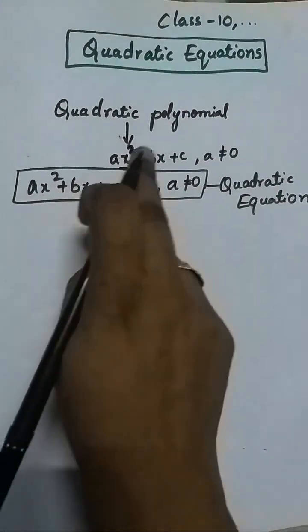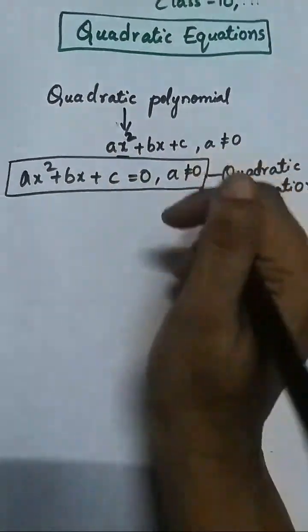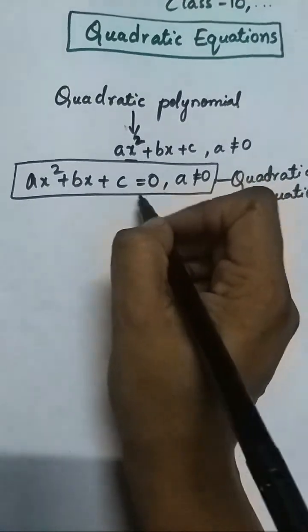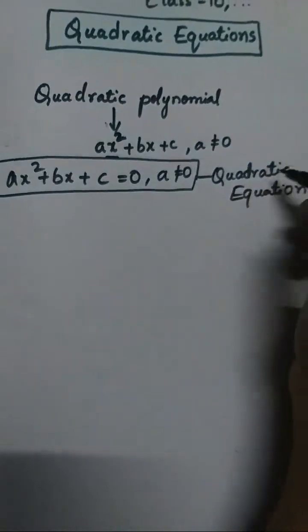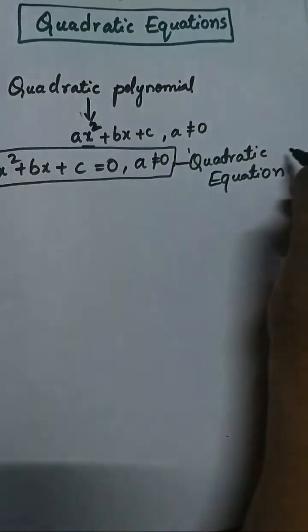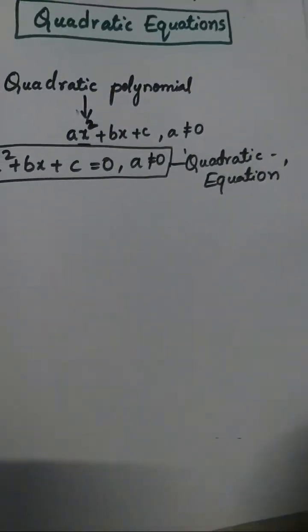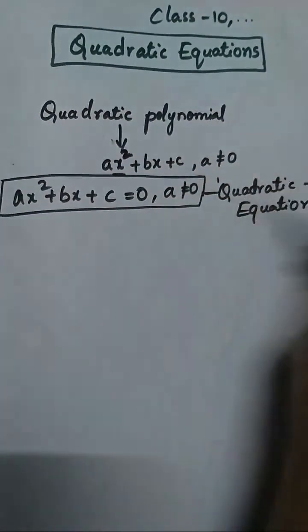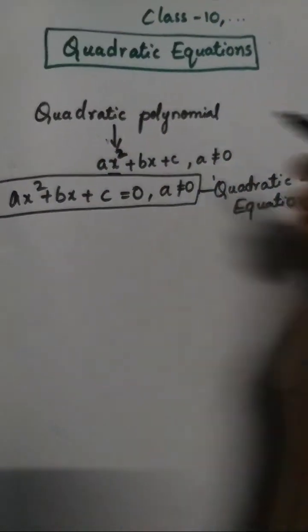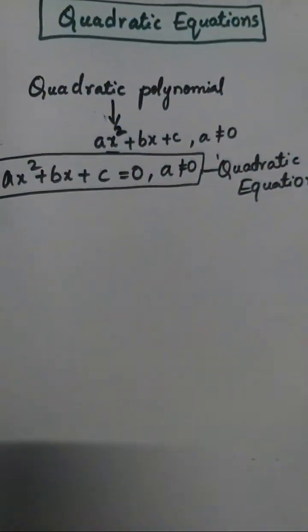When we equate this quadratic polynomial to 0, that is said to be an equation, which is called a quadratic equation. Like this we get a quadratic equation from a quadratic polynomial of degree 2.